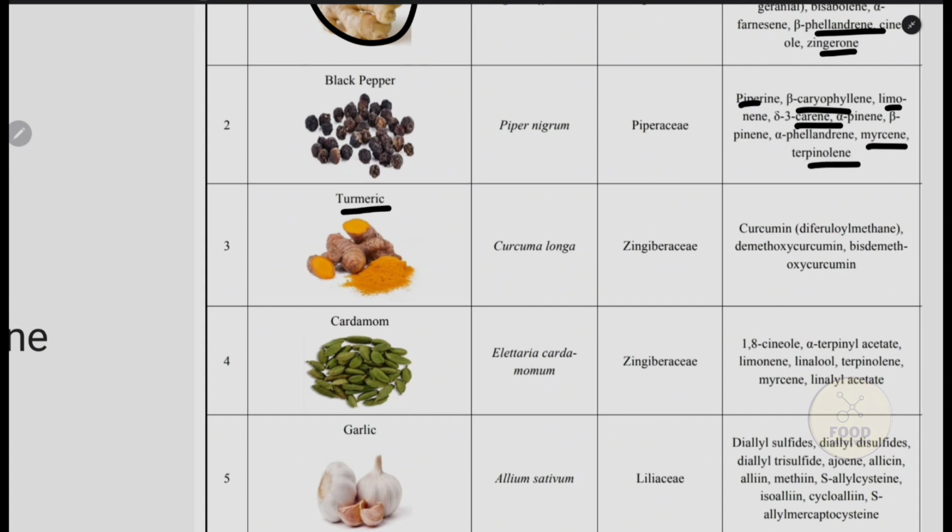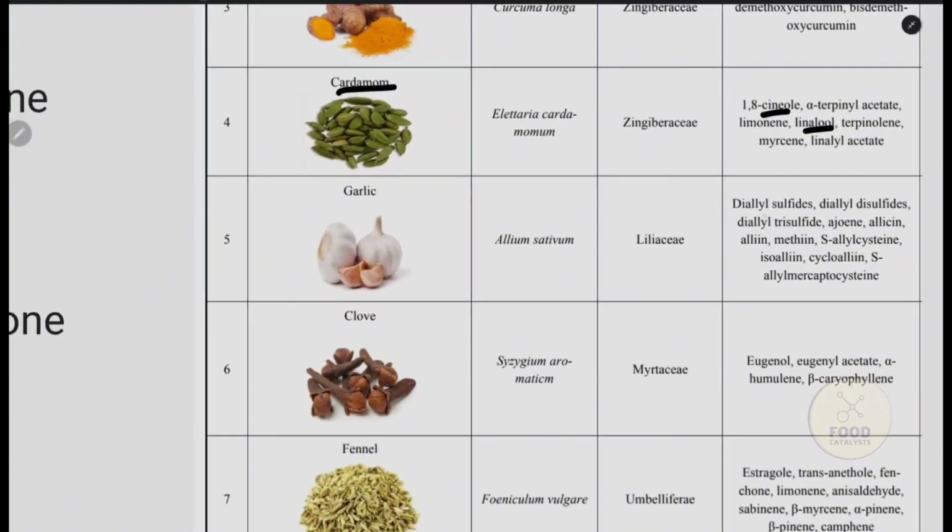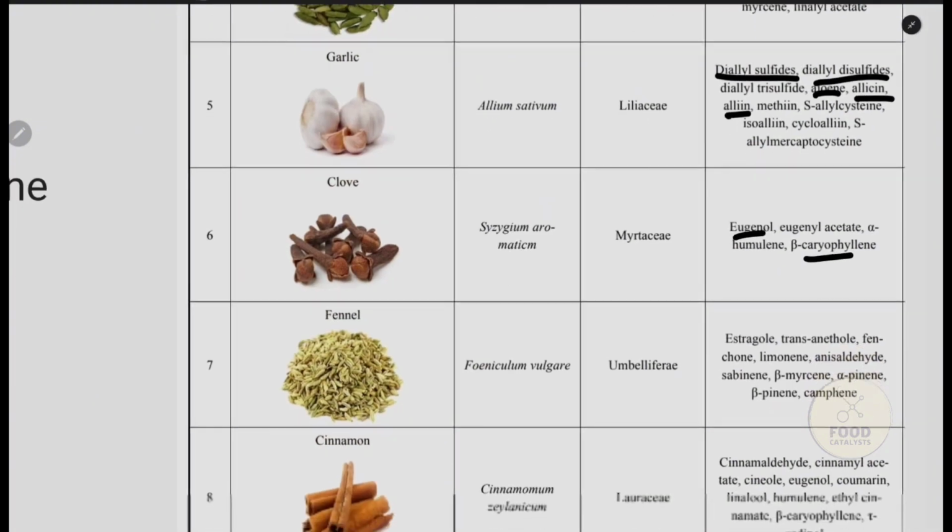Under turmeric, we have curcumin, which is really important. For cardamom, cineol and also linalool. And for garlic, it is diallyl disulfide, ajoene and allicin. Allicin is there, alliin is there. And for clove, it is eugenol, and some beta-caryophyllene is also there.